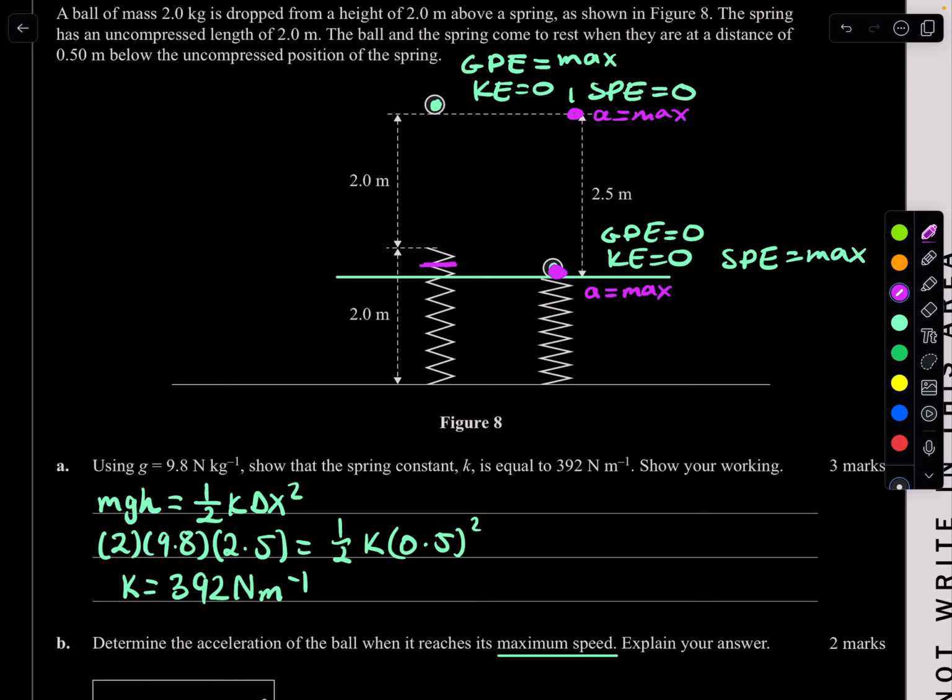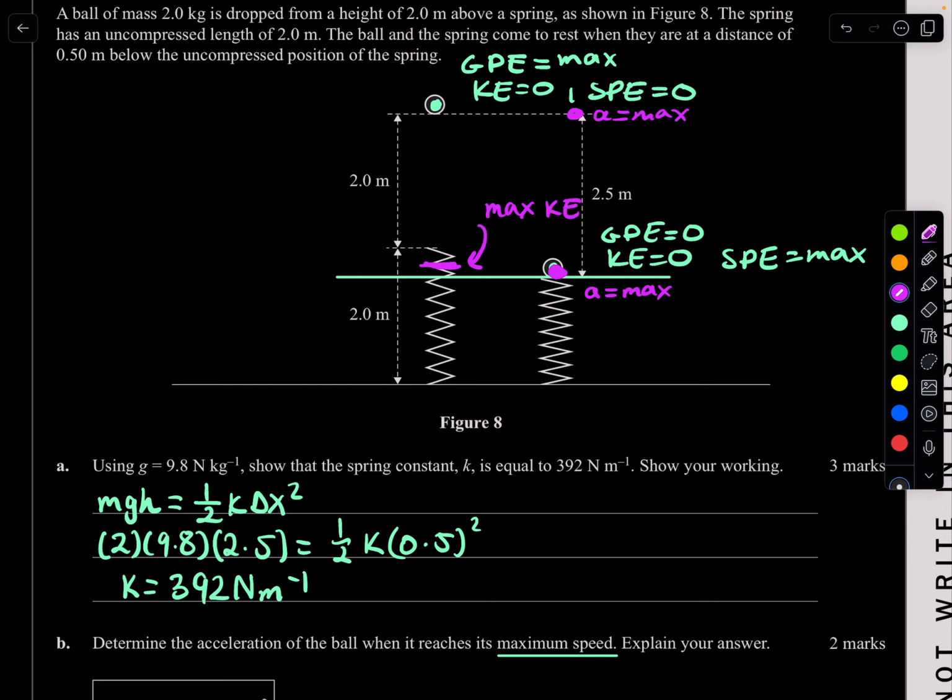So sorry, your maximum speed. Think about it. If you put this ball here and you let it go, the maximum speed will occur midway through the spring before the spring lets it go. Right over here is where your max speed occurs, or its max kinetic energy.